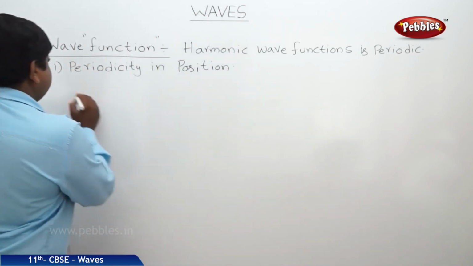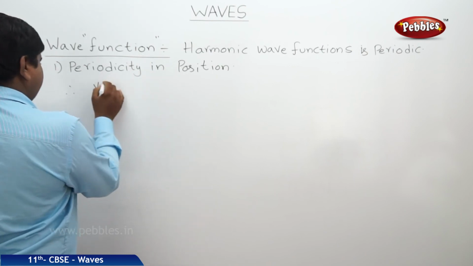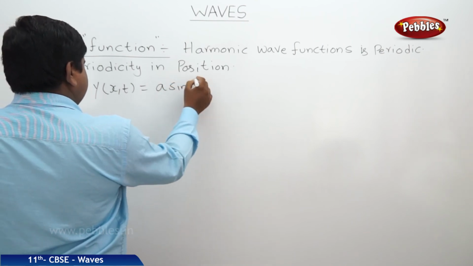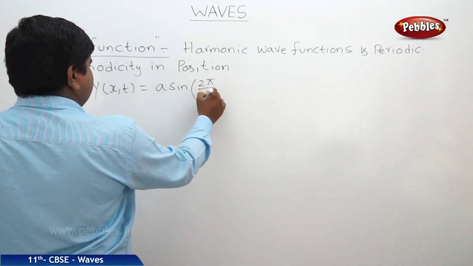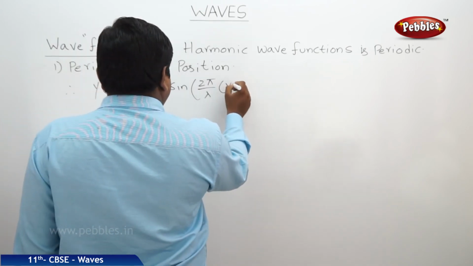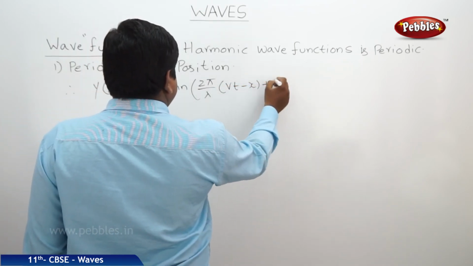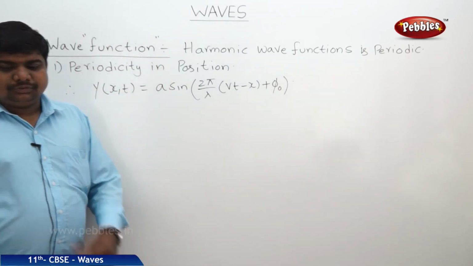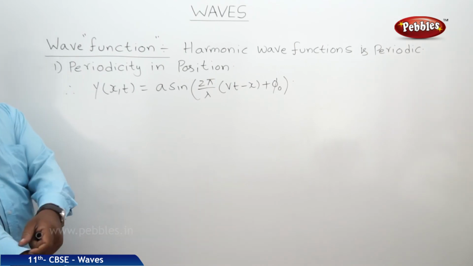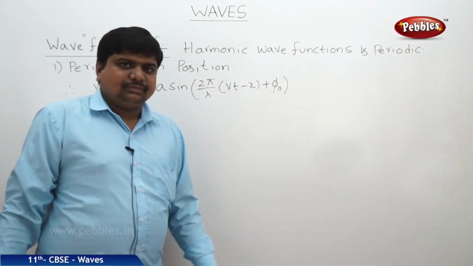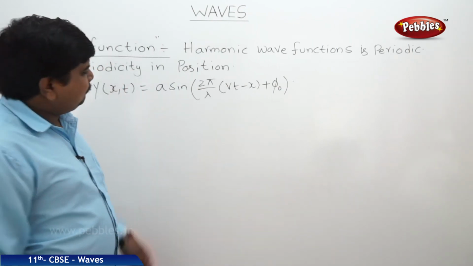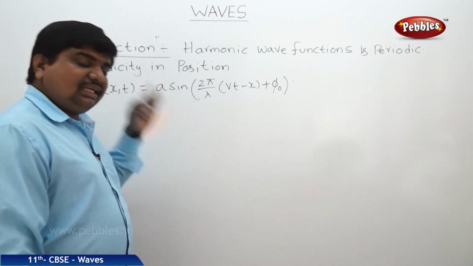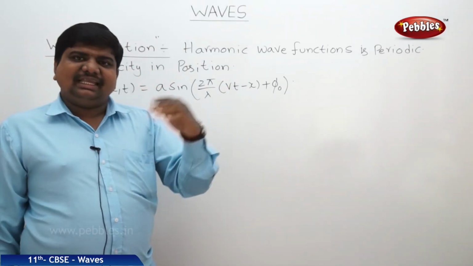So the general equation is written like this: y(x,t) is equal to A sin 2 pi by lambda into (vt minus x) plus phi naught. What we can understand is that the position of the particle is repeated after some interval, and at that point the argument becomes x plus lambda.